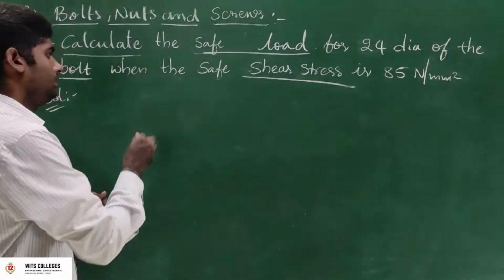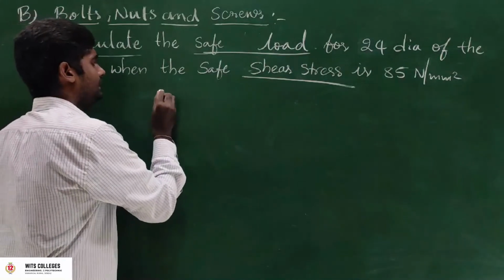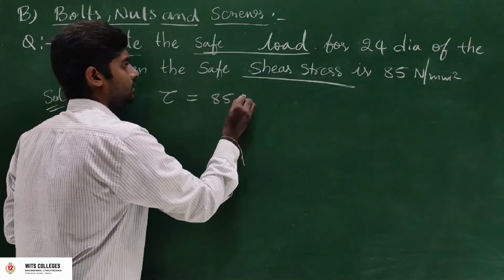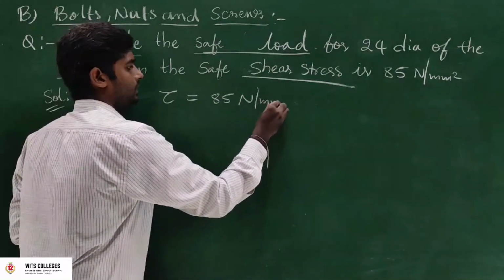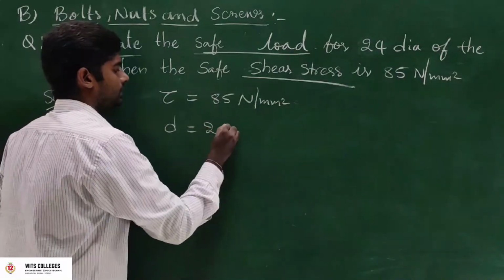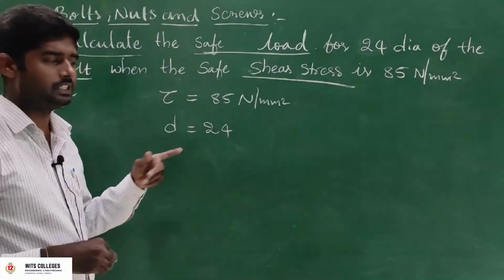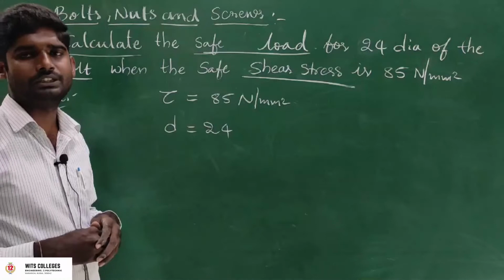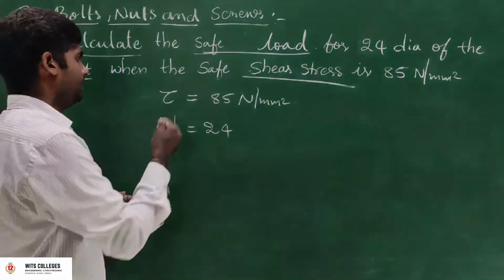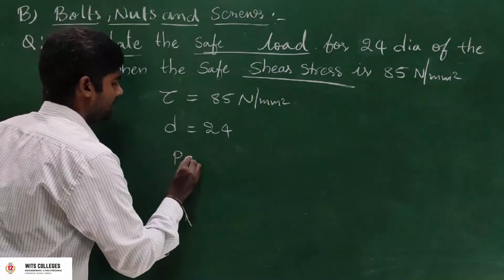Same given data: shear stress, denoted by tau, is equal to 85 Newton per mm square, and D is equal to 24. This is for our practice purpose. And find out the load.